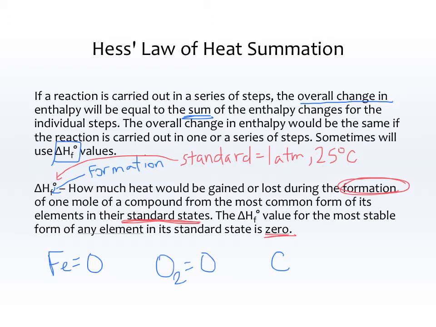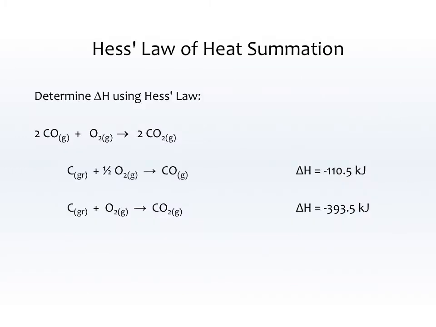That's the standard, what carbon typically looks like at 1 atmosphere pressure and 25 degrees. So carbon graphite is 0. A lot of times notebooks or tests will refer to that as carbon solid, but I just want to make sure that you know carbon solid, they're not referring to doing reactions with diamonds, they're referring to doing reactions with coal.